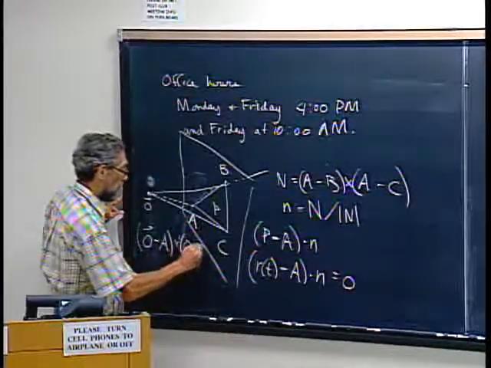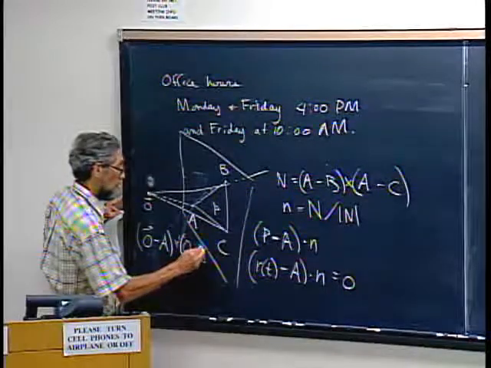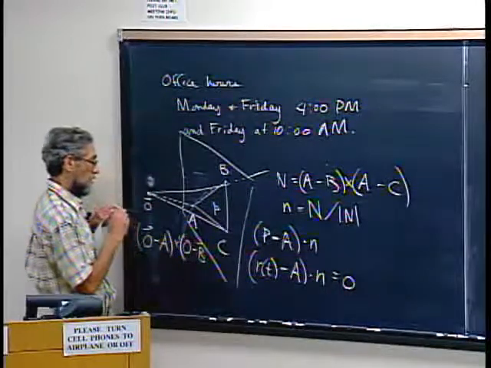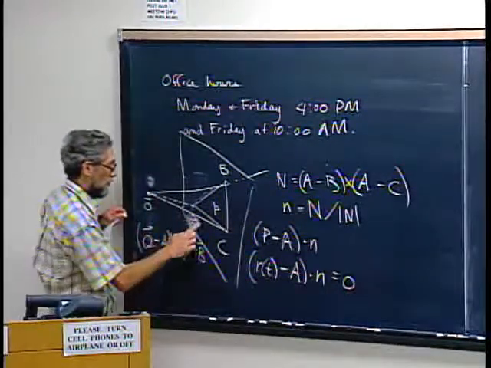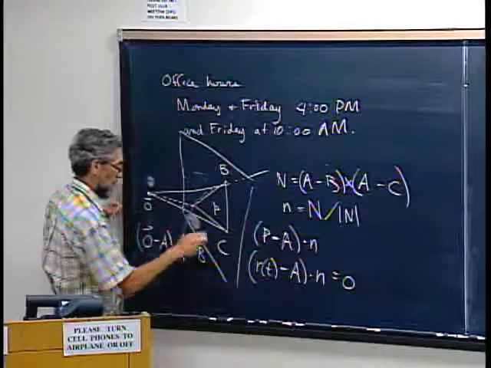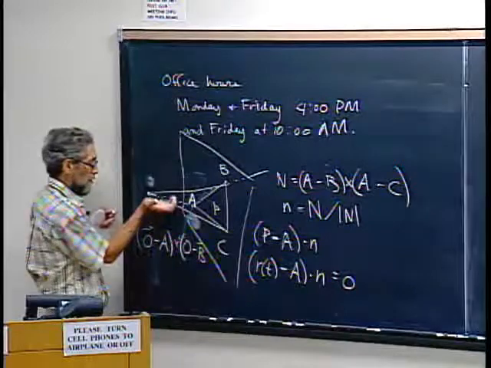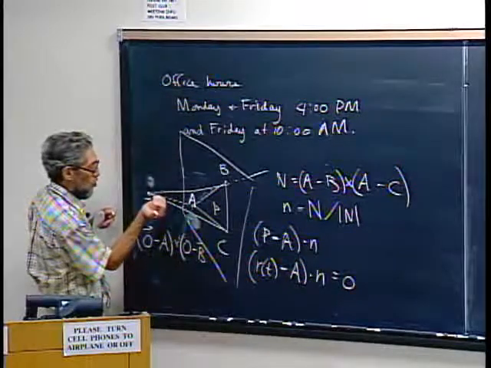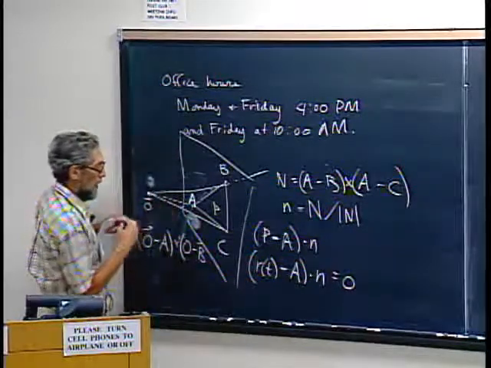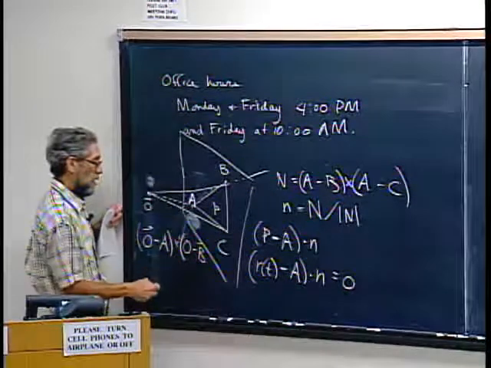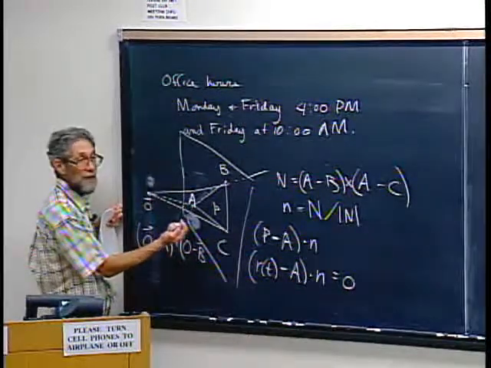The origin minus B. Okay, so the A was this vertex up here. And if I take this with my right hand rule, I'm going to get a normal that's pointing, in this particular case, inside this triangle.